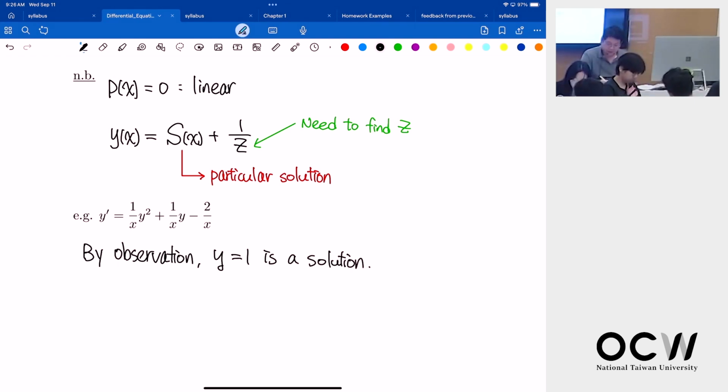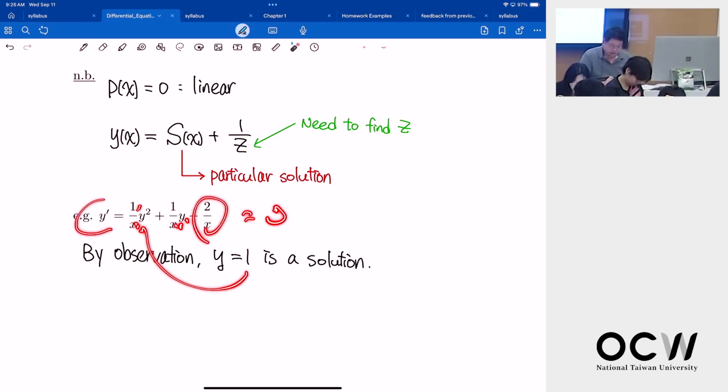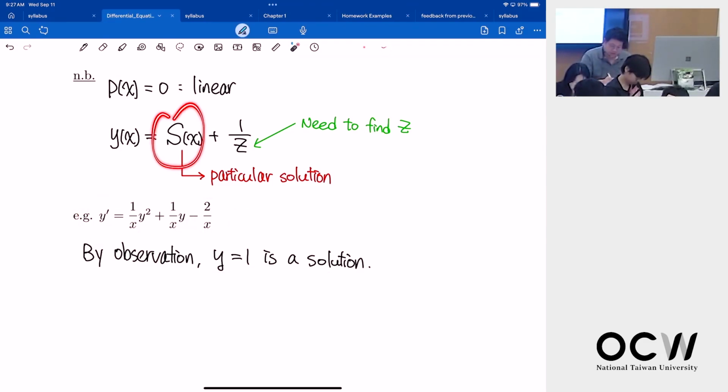Obviously, right? If we put 1 here, 1 over x plus 1 over x, that's 2 over x, minus 2 over x, that's 0. And since y is a constant, y prime is 0. So y equals 1 is a solution. So by observation, you can get a particular solution.